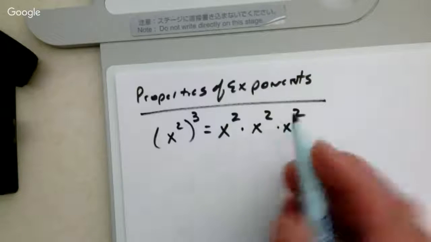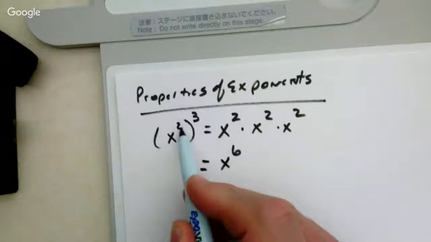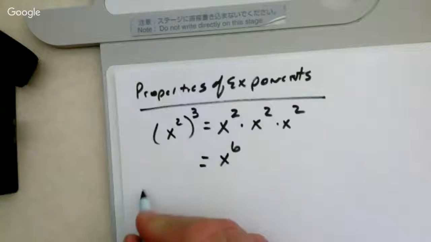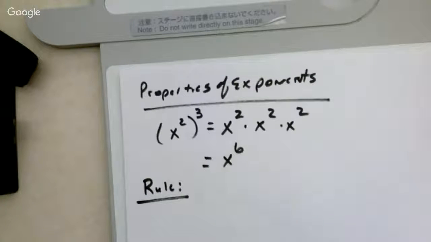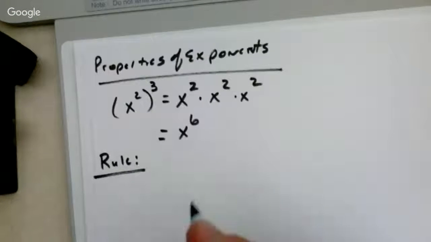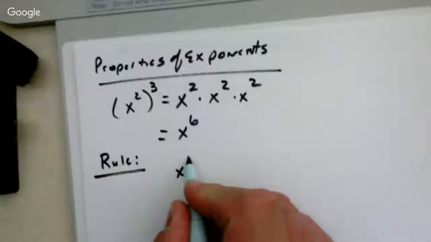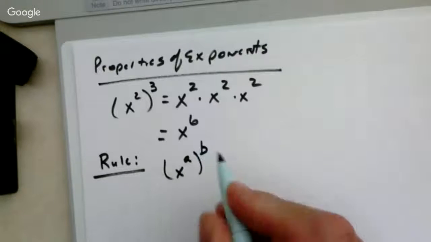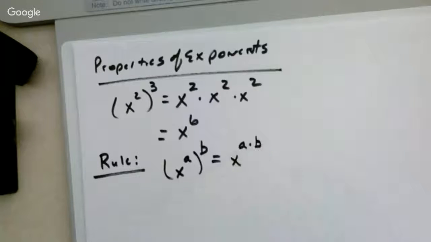Some number squared, some number squared, some number squared. That means we got x to the 6th. Notice the pattern. What do we do with these 2 numbers to get that? We multiply them. So what is our rule for that? Let's stop. What is our rule for that? So let's say we've got x to the a power all raised to the b power. What do we do with that? That's equal to x to the a times b power.